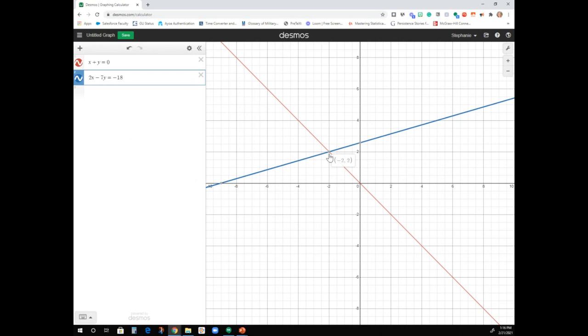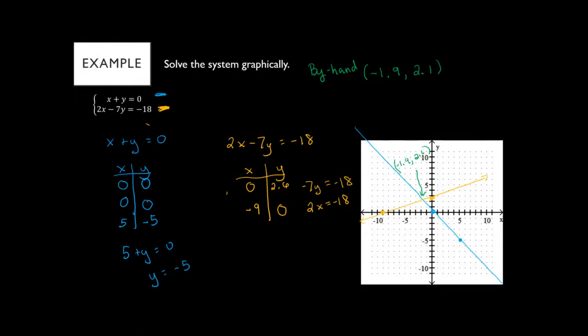So my graph was off, because mine didn't go through exactly -2, 2, but that's the exact answer here. So using technology or using Desmos, we can get the exact answer, -2, 2.